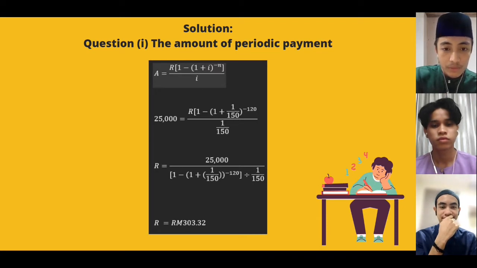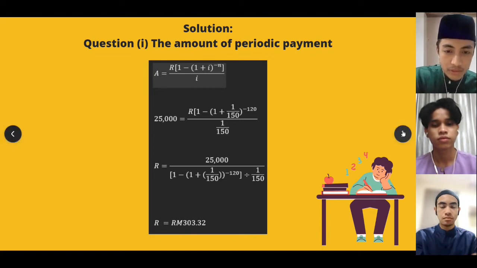So 25,000 equals R, which we don't know, [1 - (1 + 1/150)^-120] divided by 1/150.